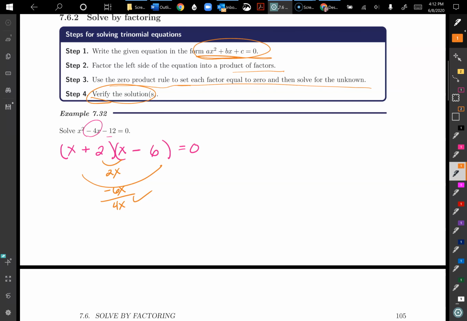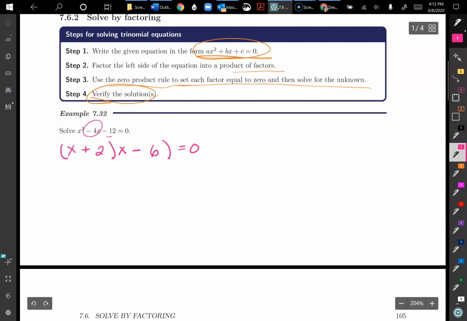So make sure you check it. I'm going to get rid of that just so it's out of the way. But at this point, we're starting to get more fluent. We're quicker with these, so you can just do a quick check off to the side or in your head. Most of these are going to work out pretty nicely for you because we're adding in a new skill. So the next step would be set each factor equal to 0.